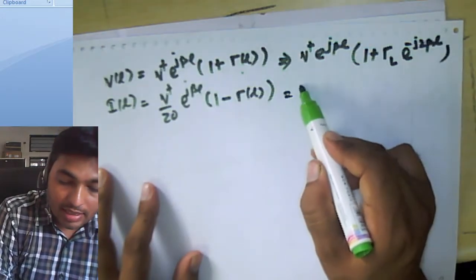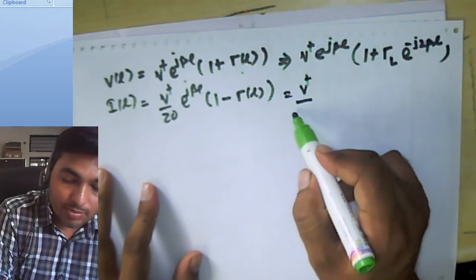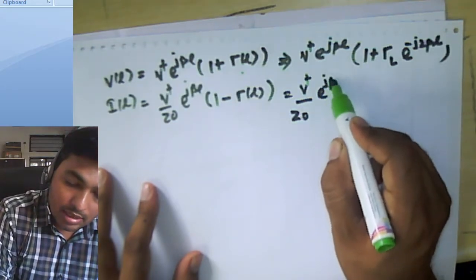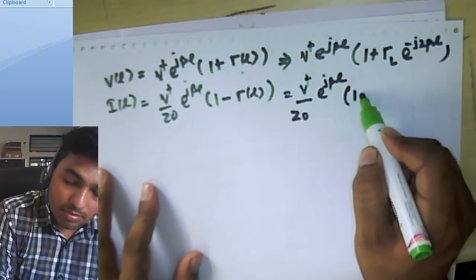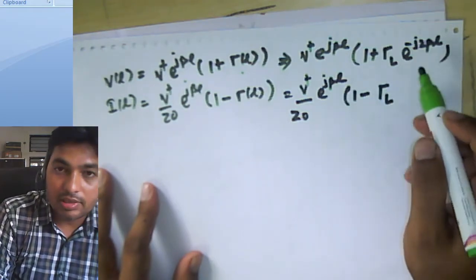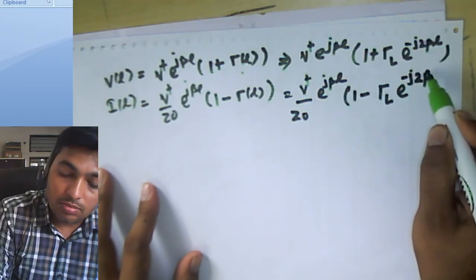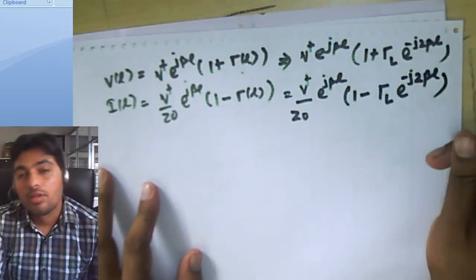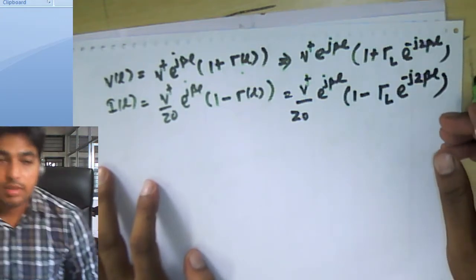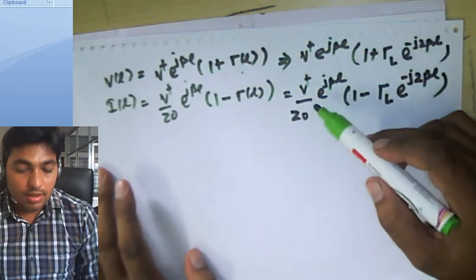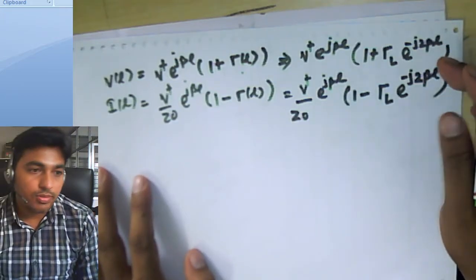Similarly, we can write the current as V+/Z0 e^(jβL) (1 − reflection coefficient at load multiplied by e^(j2βL)). So we got these equations in terms of voltage and reflection coefficient.